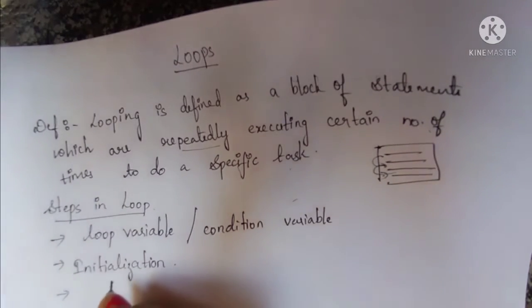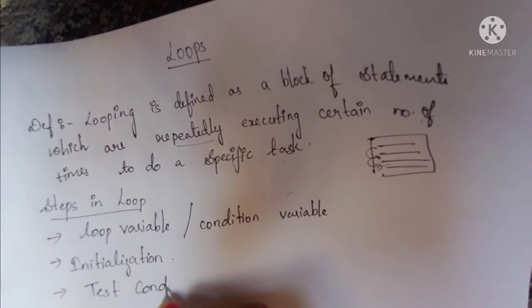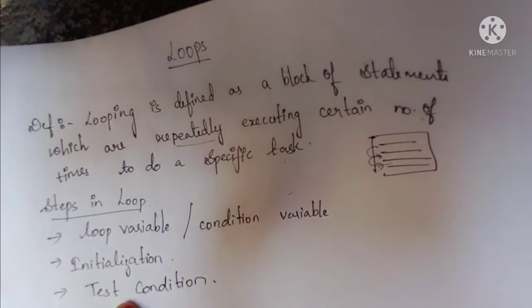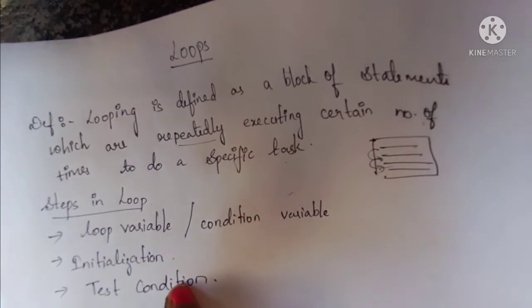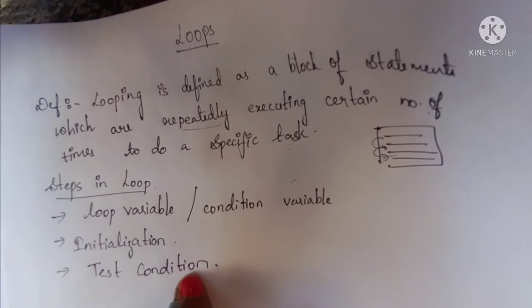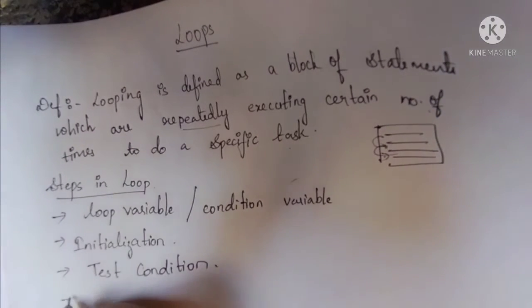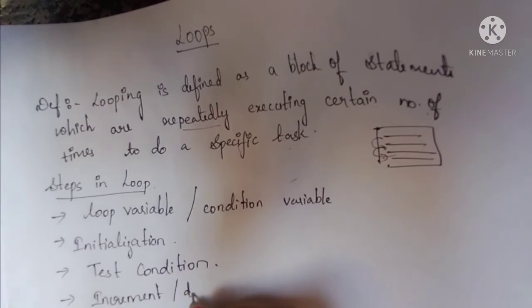Next one is the test condition. It is going to check the condition to terminate the loop. Okay, the test condition checks when the loop is going to be terminated. Next, increment and decrement.